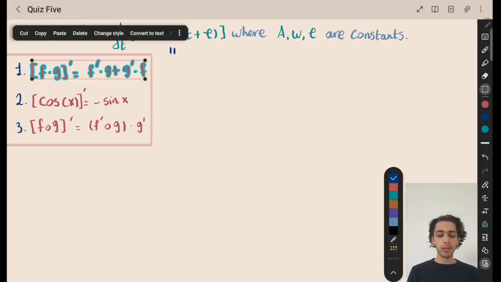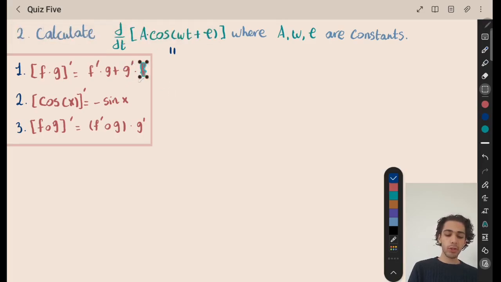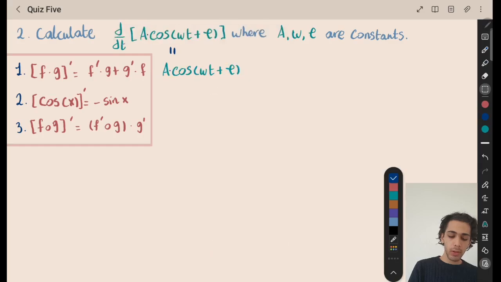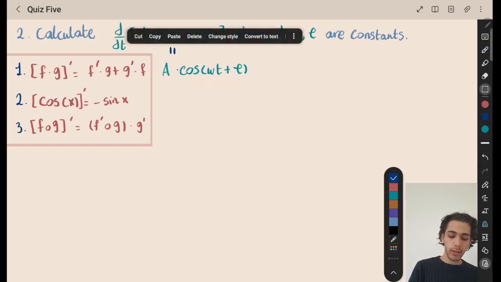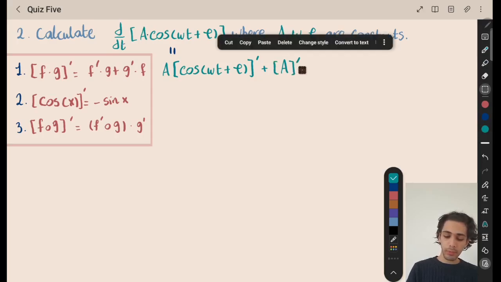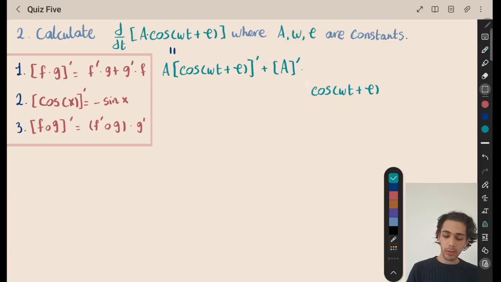What this is telling us is you fix one element and take the derivative of the other, then switch, and then add the two results. So we would fix a and take the derivative of cosine of omega t plus phi, and then take the derivative of a and fix cosine of omega t plus phi.